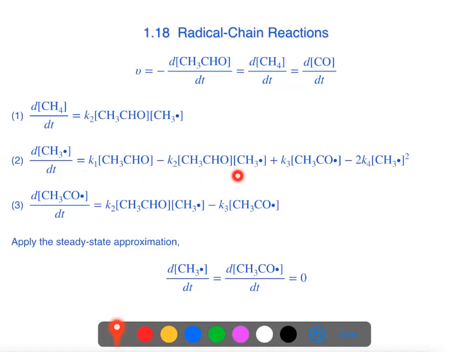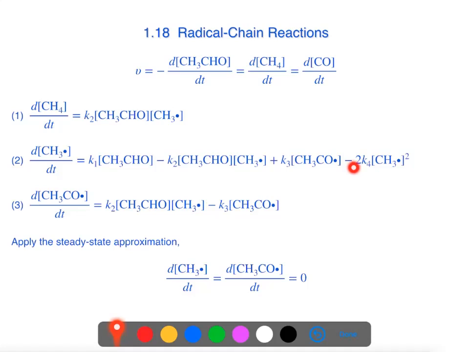It's consumed in the second step with a rate constant K2 and dependent upon ethanol as well as the methyl radical concentration. It's formed in the third step with a rate constant K3 and dependent upon the concentration of the CH3CO radical. And in the termination step, it's consumed with a rate constant K4 and is dependent upon the methyl radical concentration squared, because two methyl radicals recombine to give you ethane.